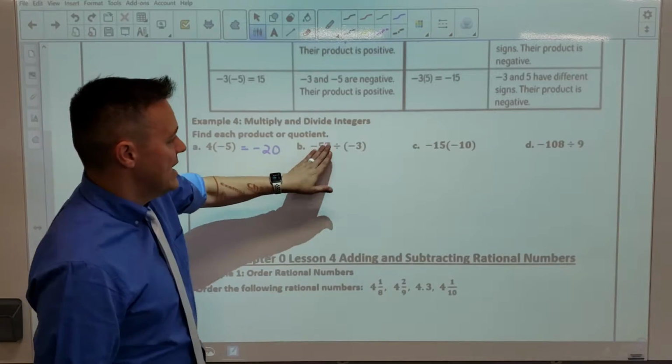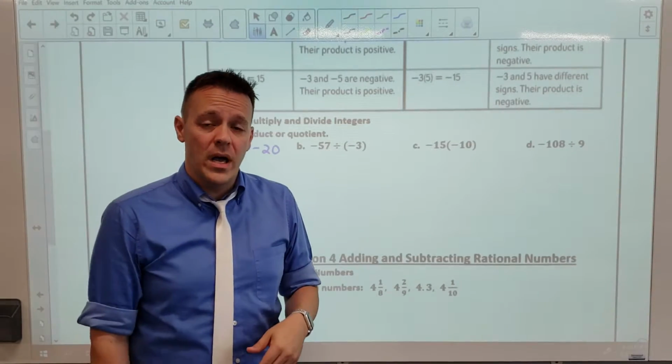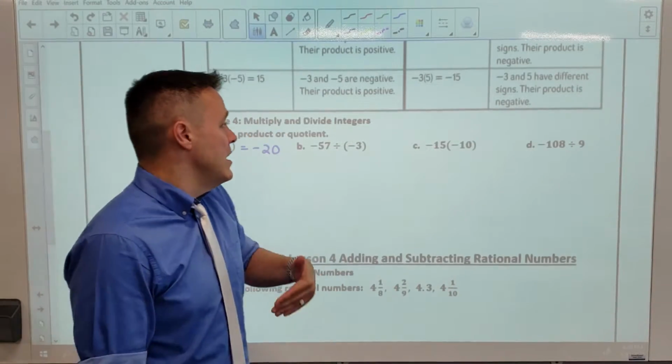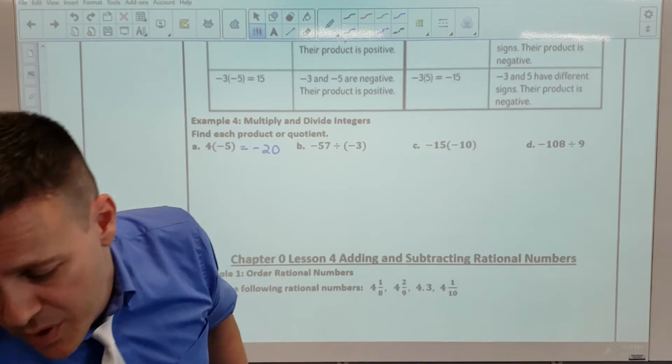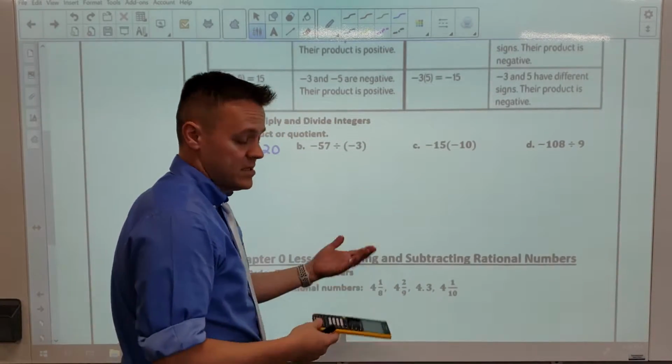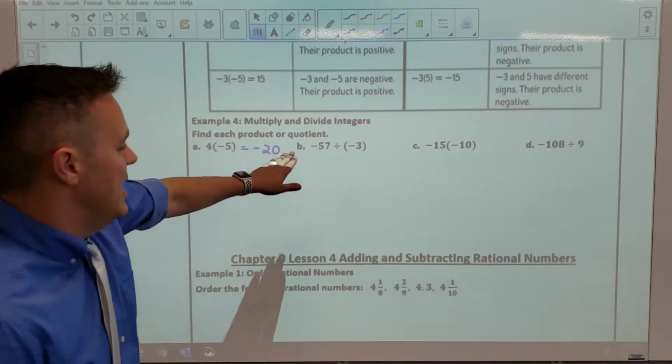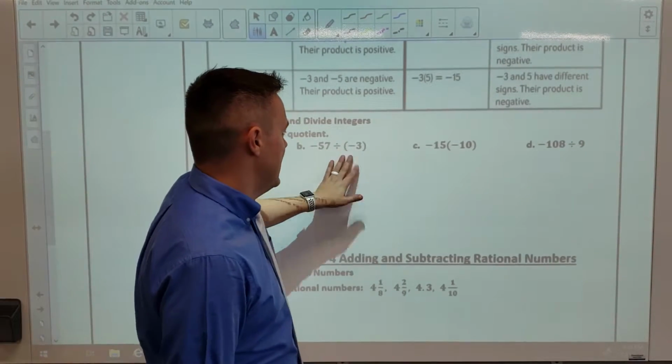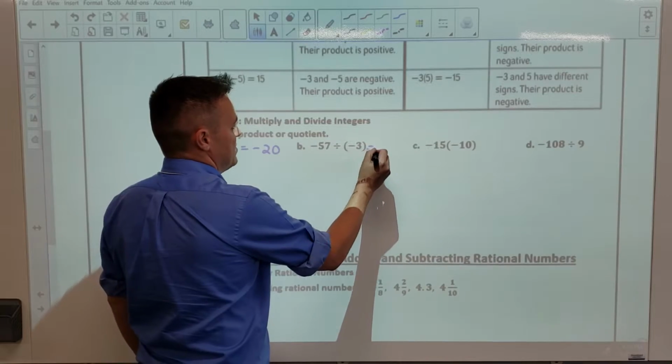A negative divided by a negative is going to be a positive number. If you struggle with this, put it in your calculator. I don't know what 57 divided by 3 is. It's 19. A negative divided by a negative is going to be positive, so this turns out to be 19.